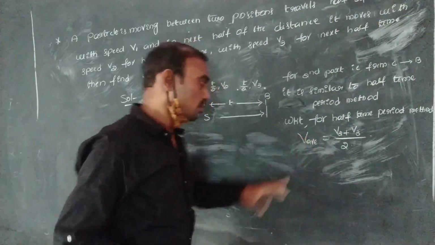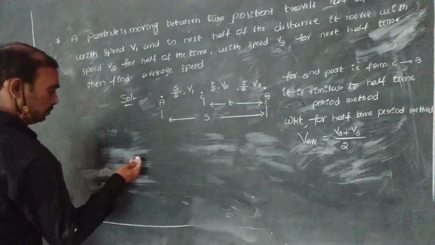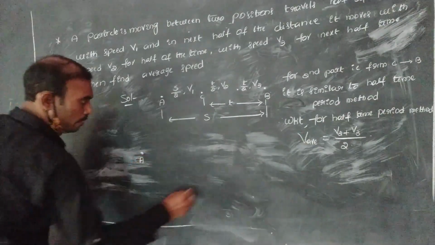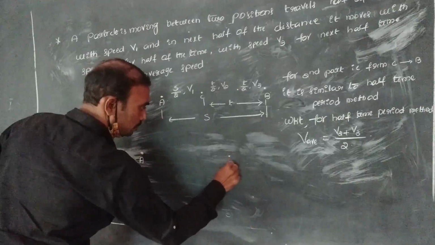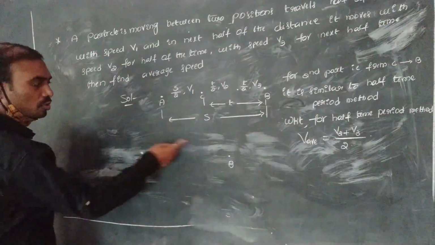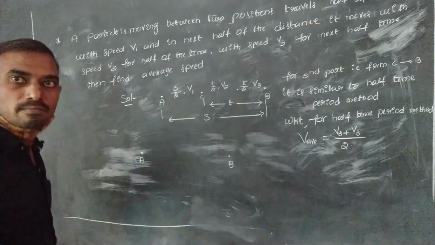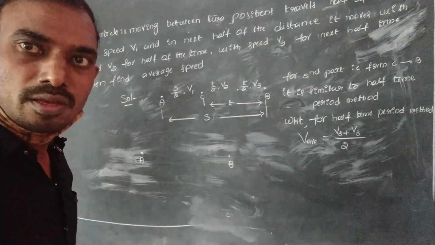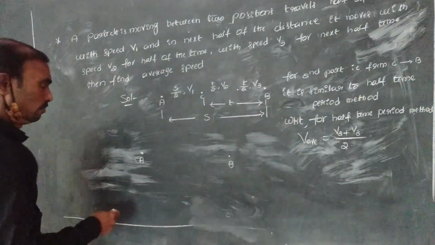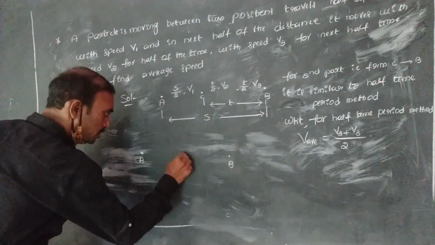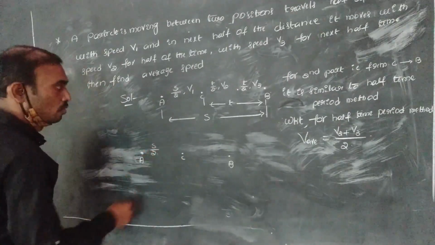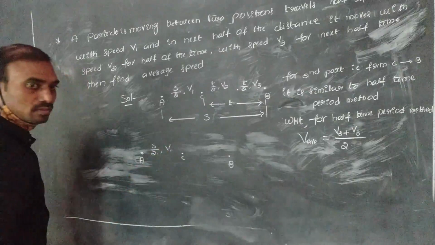Okay. Now come to here. This is A and this is B. A and B are the two positions, right? Here up to point C, that means up to half of the distance, what is the speed? V1.